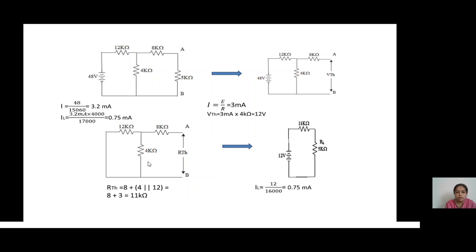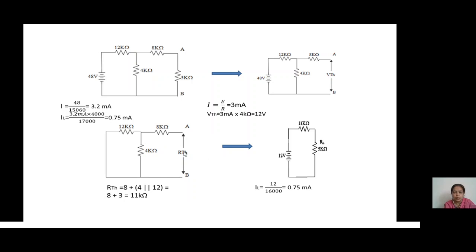So next is remove the load resistance, remove the source, find what is the effective resistance at the output terminals, and you are looking at the circuit from the output terminal. So by looking back, whatever effective resistance you get, that is called as the Thevenin's resistance.